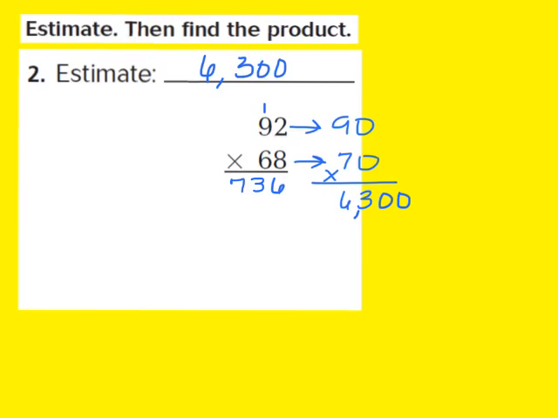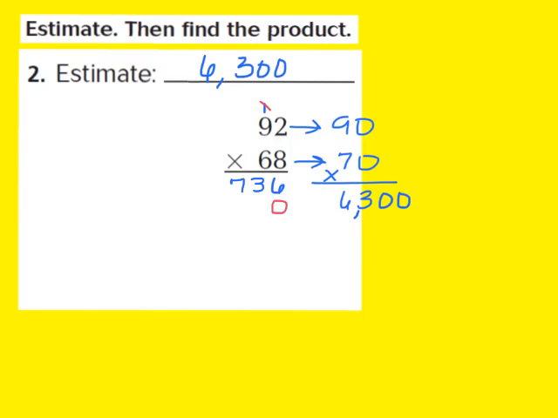Down below that 6, I'm going to add in a 0. That 0 is a placeholder in the ones place in the second partial product. You have to add the 0 in to hold your place. Now, before I begin my next step in multiplication, I'm going to cancel out the regrouped ones.